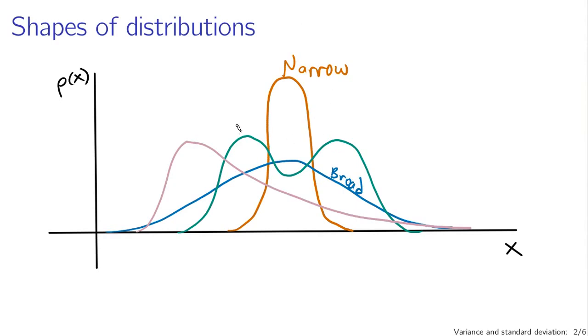The distribution with multiple peaks, or multiple modes. In this case it has two modes, so we call this distribution bimodal or multimodal. And then this distribution, which is asymmetric, has a long tail in the positive direction and a short tail in the negative direction. We would say this distribution is skewed.